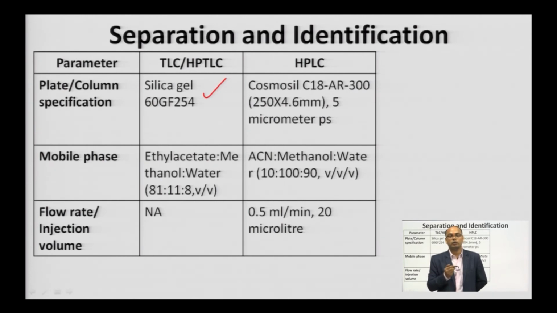It is very important to note that because digoxin is insoluble in water, we have used a very small quantity of water in the mobile phase. Through these mobile phases you can also analyze the solubility pattern of your phytoconstituent. Flow rate or injection volume is not applicable in TLC.